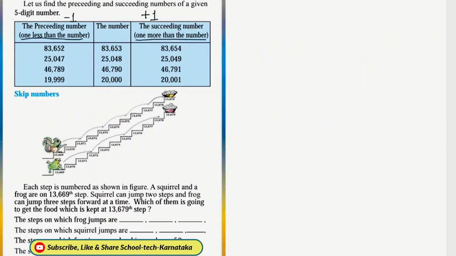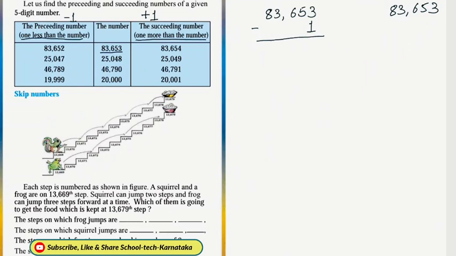So let's take an example. The given number here is 83,653. To find the preceding number, what do we need to do? We need to subtract 1 from the given number.